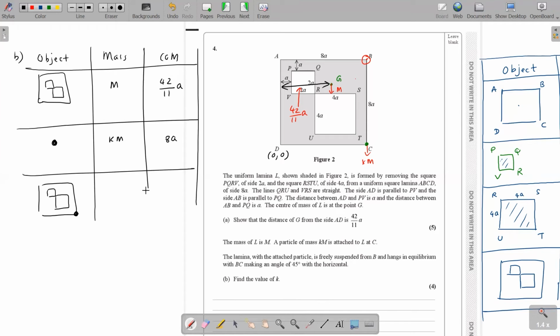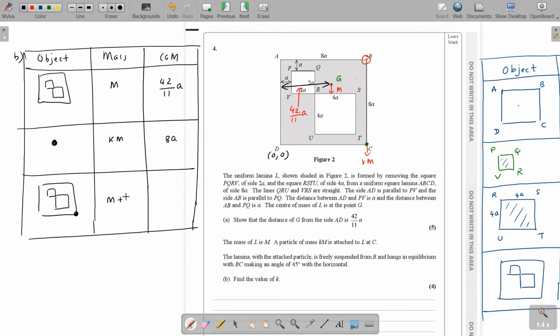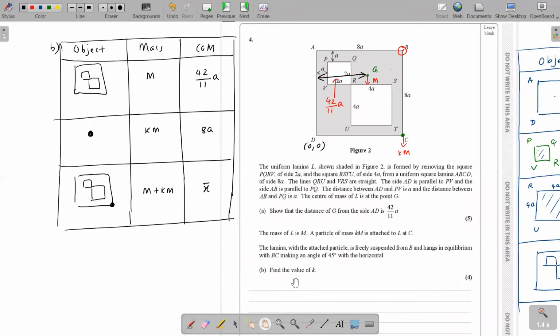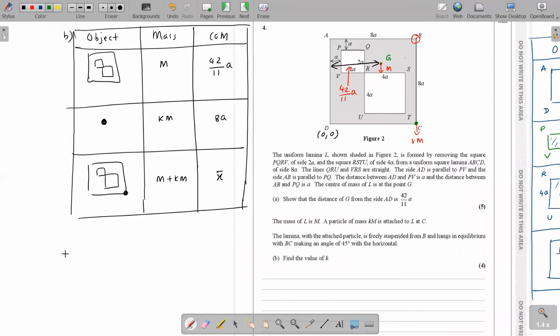So in the combined object, what happens? You have m plus km as the total mass, and the center of mass is what I'm trying to find now, the new x bar. Shall we find the new x bar? M times 42 over 11a. Are we adding or subtracting km times 8a?